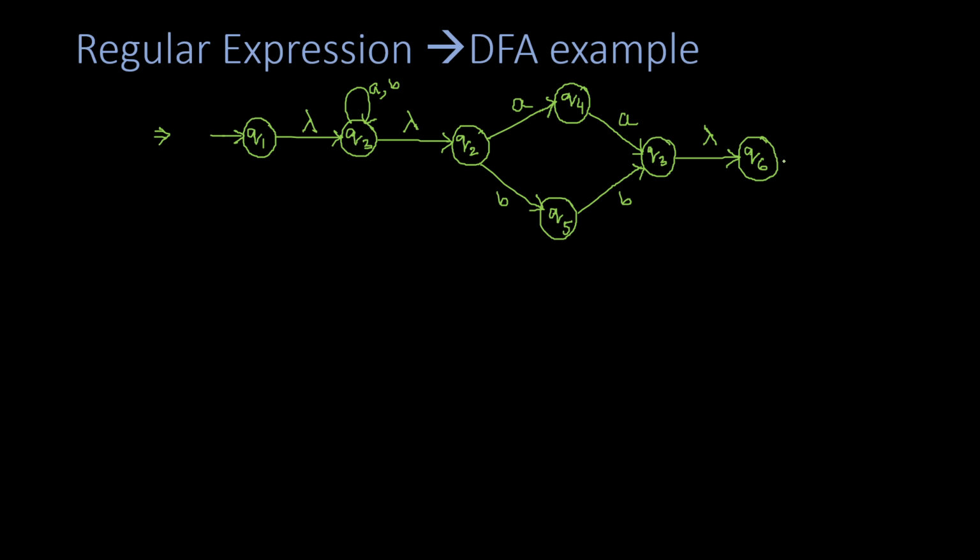And also from Q6 without consuming any symbol, you can reach the final state. Because it is (A plus B) star, and it can be null also. That means if you are in Q3, without consuming anything you can reach QF, and that is required.